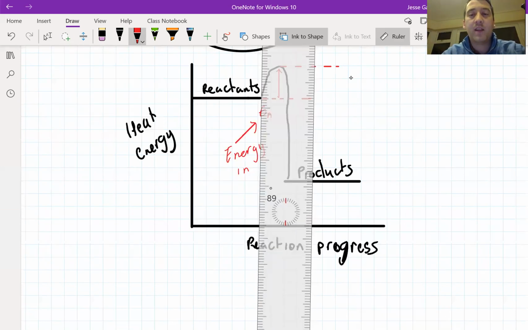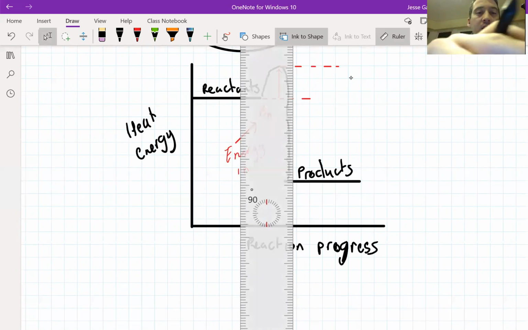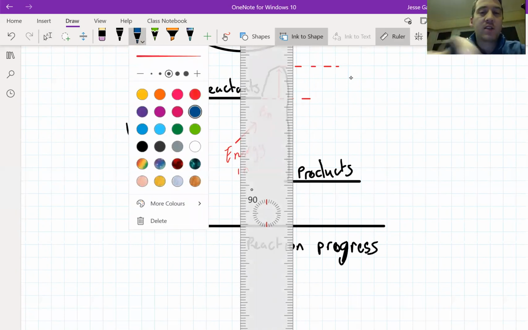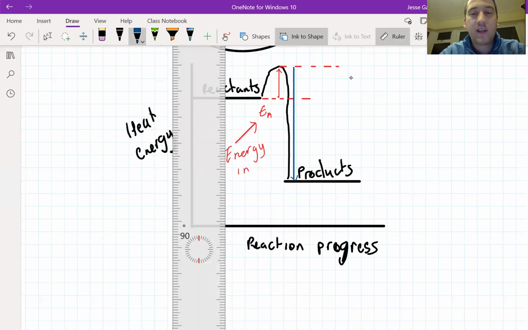And then, in this case, the new product is formed and energy gets released. So from here, this amount of energy down to the energy that the products are storing, the blue arrow shows energy out.